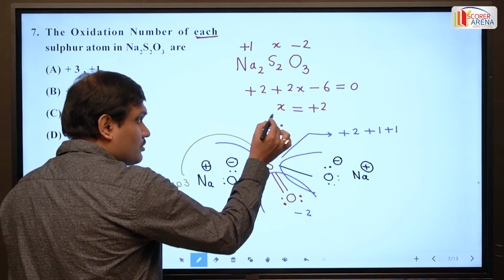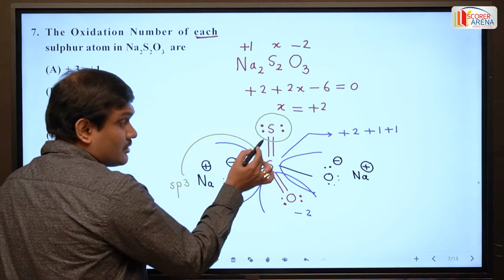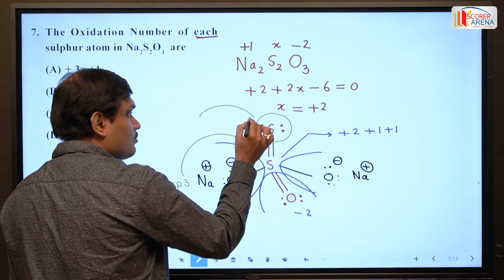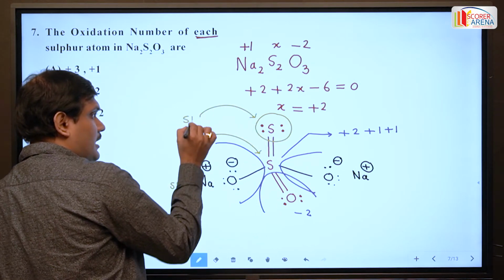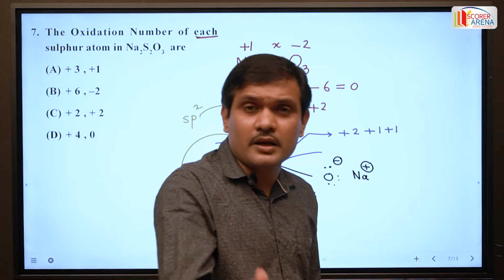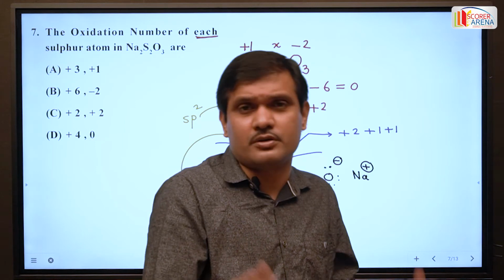Now what about this sulfur? This sulfur has 1 sigma bond and 2 lone pairs, so it is sp2 hybridized. And we have this idea, if s character increases, electron withdrawing tendency, that means electronegativity, also increases.